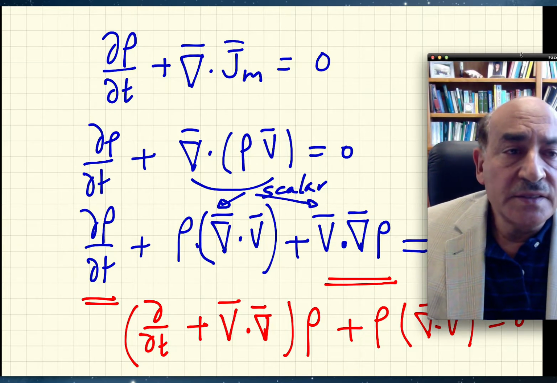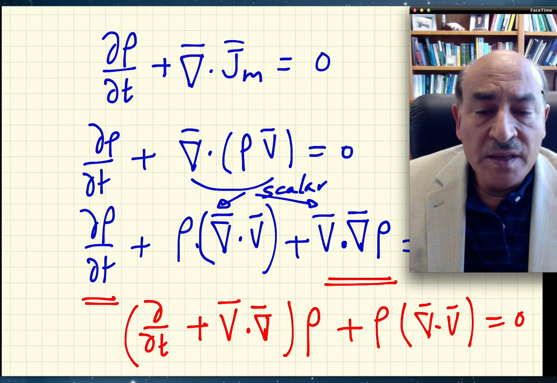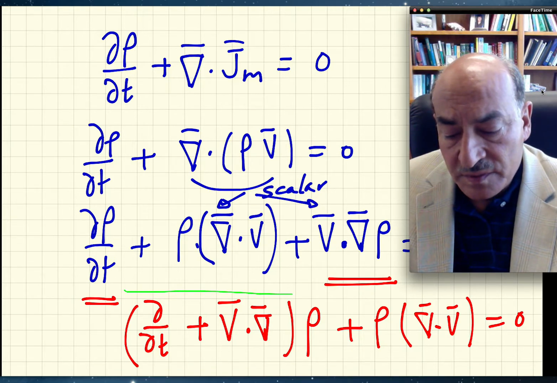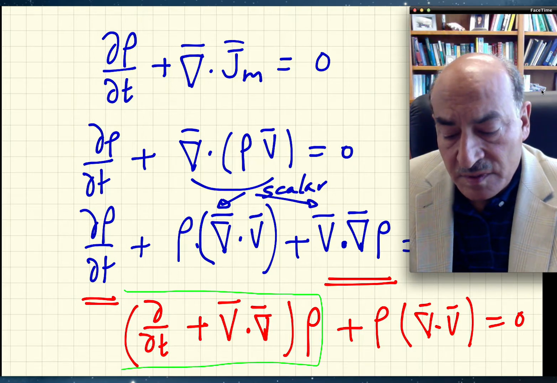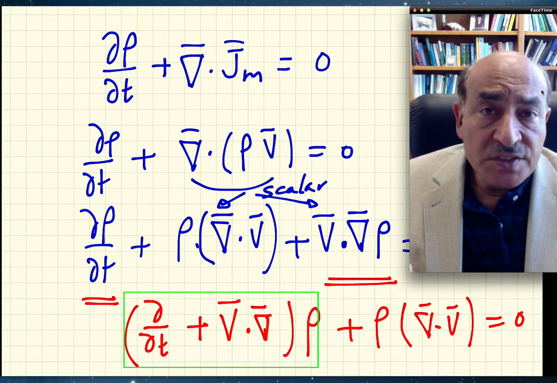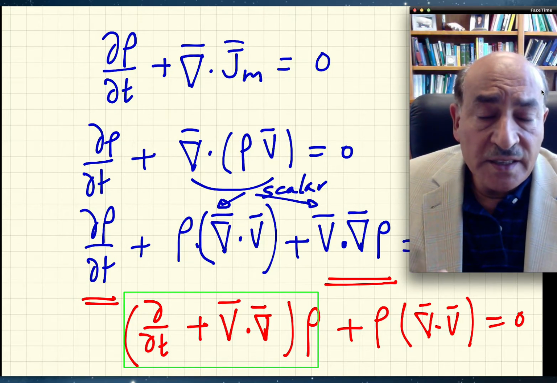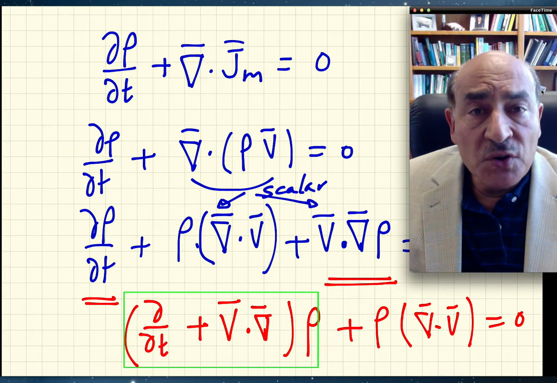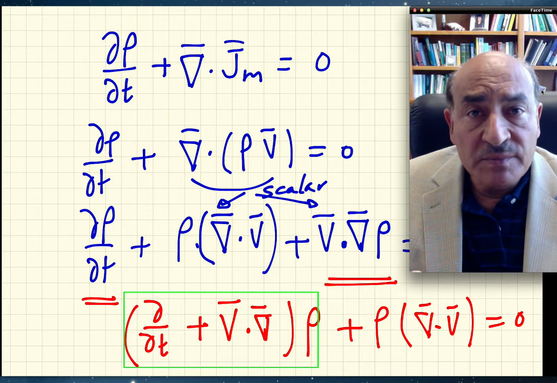Now, if you look at this form that I obtained here, the first two terms, I'm going to highlight these two, are combined together. It is the rate of change with respect to time, absolutely in the reference frame, plus the change in the density due to the motion itself, due to the motion by the velocity.